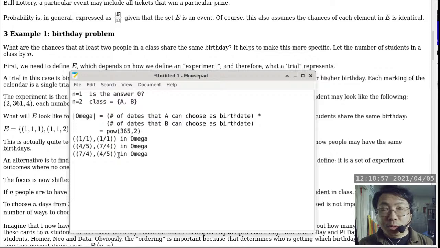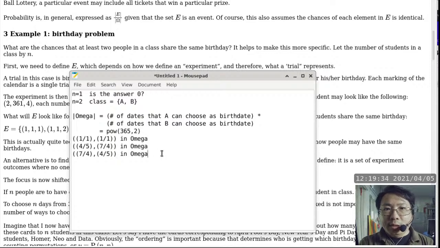When you compare two tuples, the values need to be the same at the same position for every single position in order for two tuples to be considered the same. So in this case, even though we have 4-5 as the first item and then 4-5 as the second item here, and 7-4 as the second item here and the first item here, because the orderings are different, as two-tuples they are considered distinct. So this is also very important to point out.